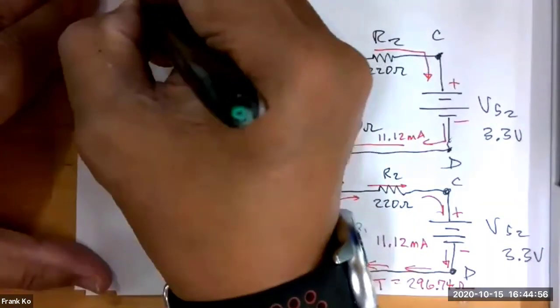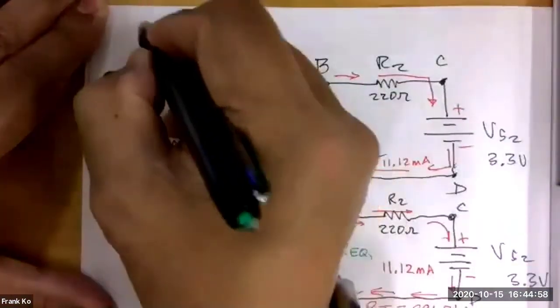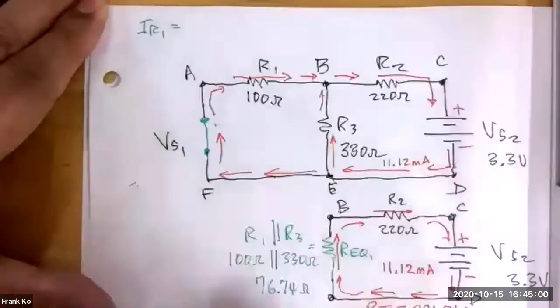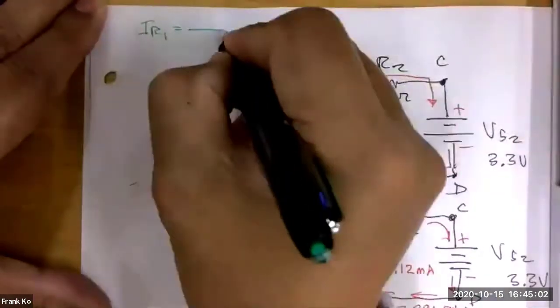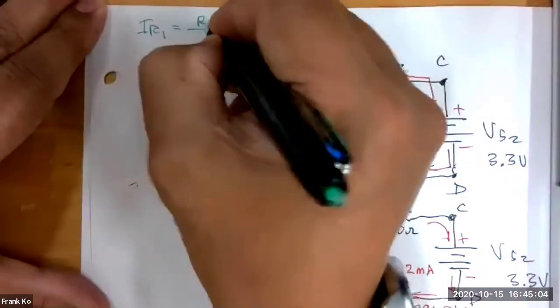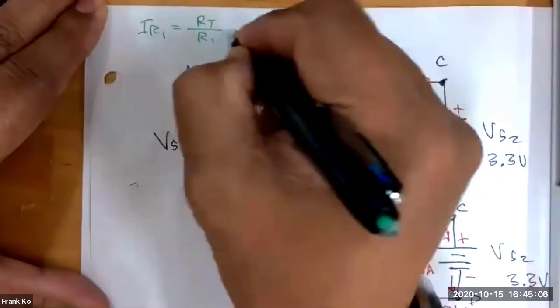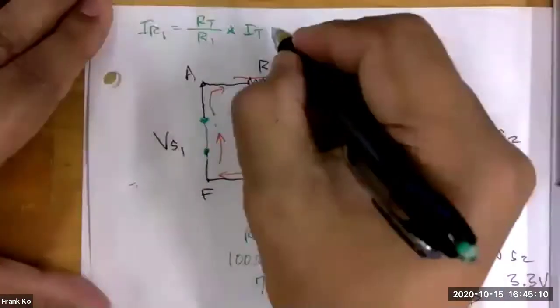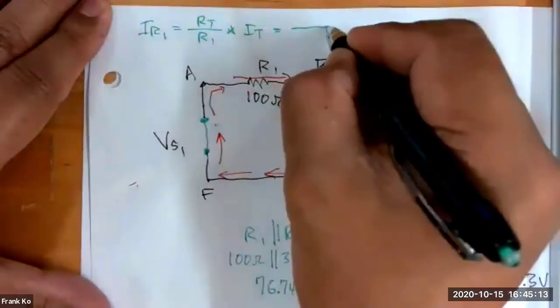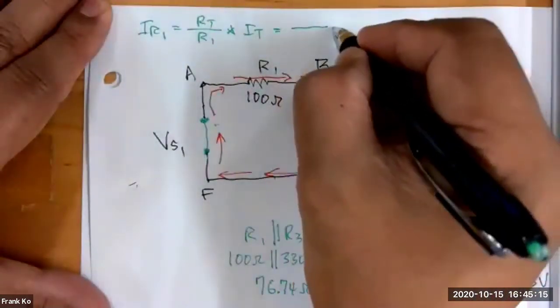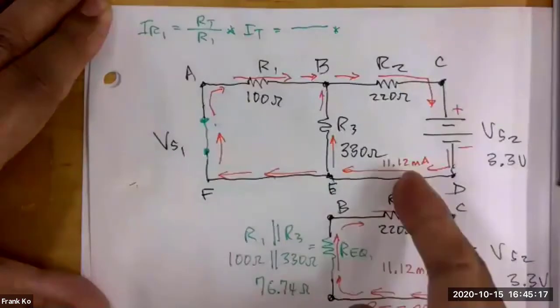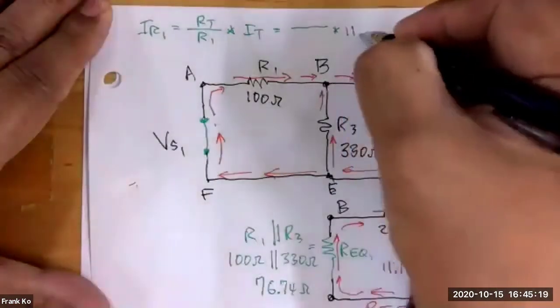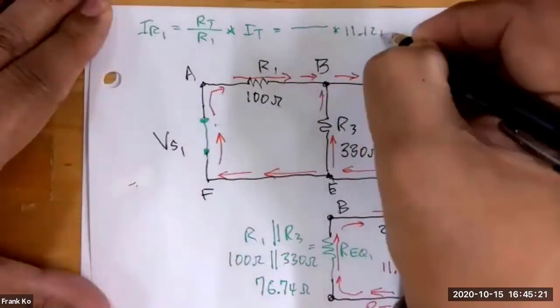So my IR1 is going to be equal to RT over R1 times I total. What value do I use in my numerator? What value do I use in my denominator? I already know my I total is going to be 11.12 milliamps.